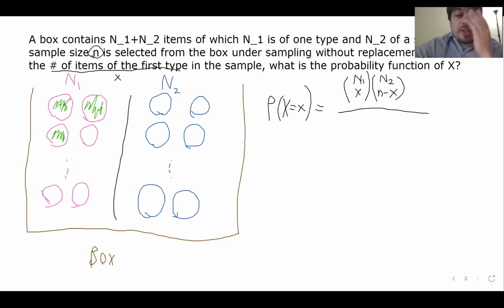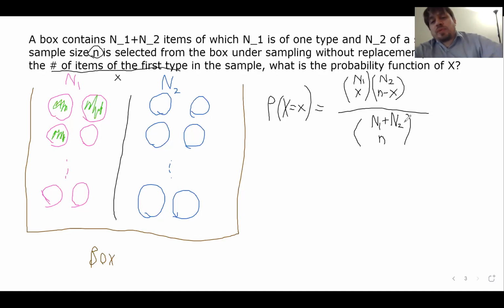It's the number of ways to choose little x many of the first type and n minus x many of the second type. And that's divided by, well, there's a total of N1 plus N2 things in the box, and I'm choosing a total of little n many objects from the box.